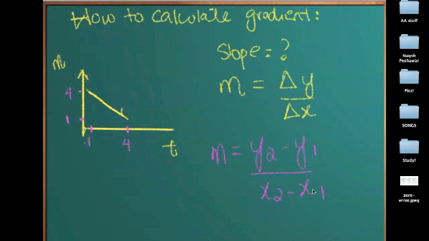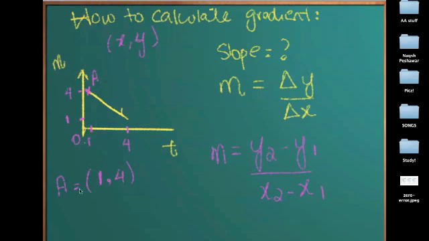Now what does this mean? Let's talk about this point. I am assuming you would know how to take out coordinates of a graph. So this point, which I say is point A, has a coordinate of 1 on the x-axis and 4 on the y-axis.